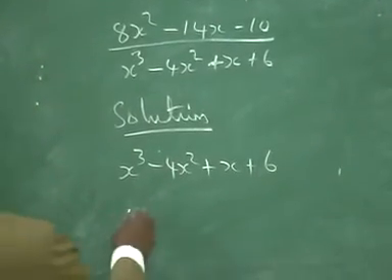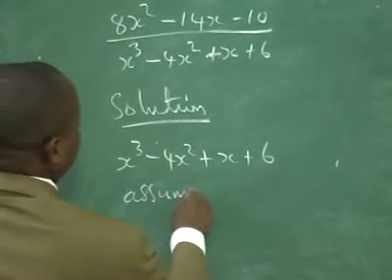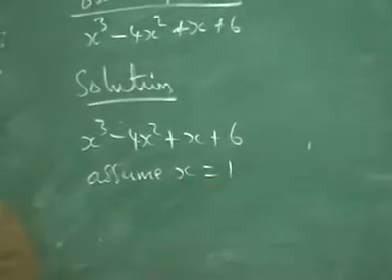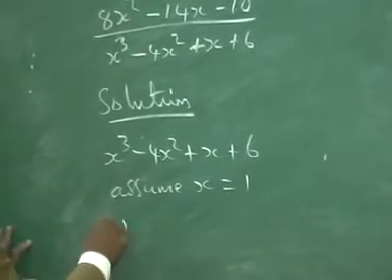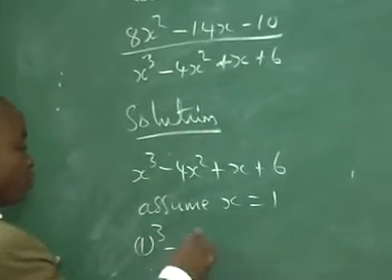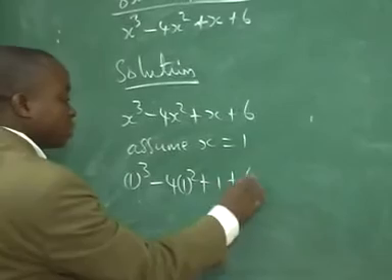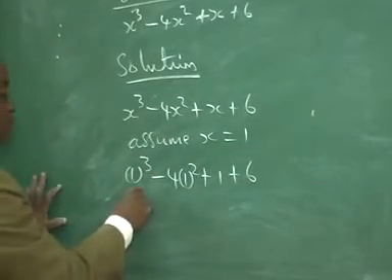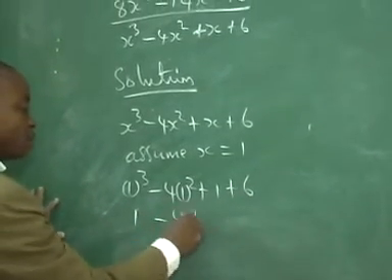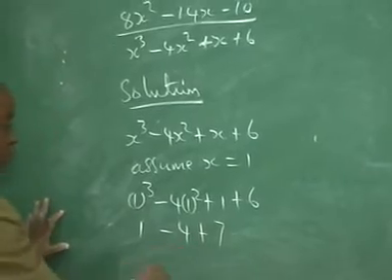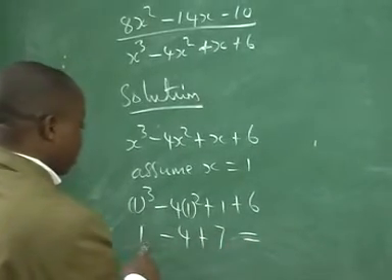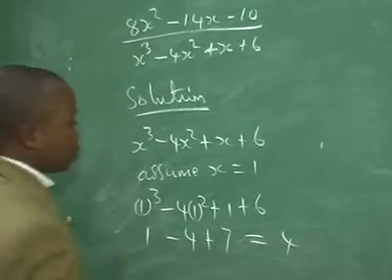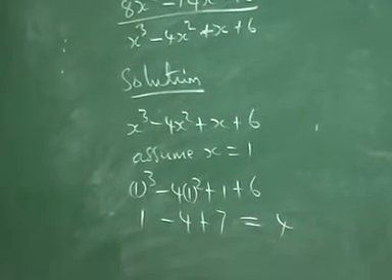Now assume x is equal to 1. Then I will have 1 cube minus 4 times 1 squared plus 1 plus 6, which gives 1 minus 4 plus 7, which is 1 plus 7 is 8 minus 4. So 1 is not the zero of the polynomial.